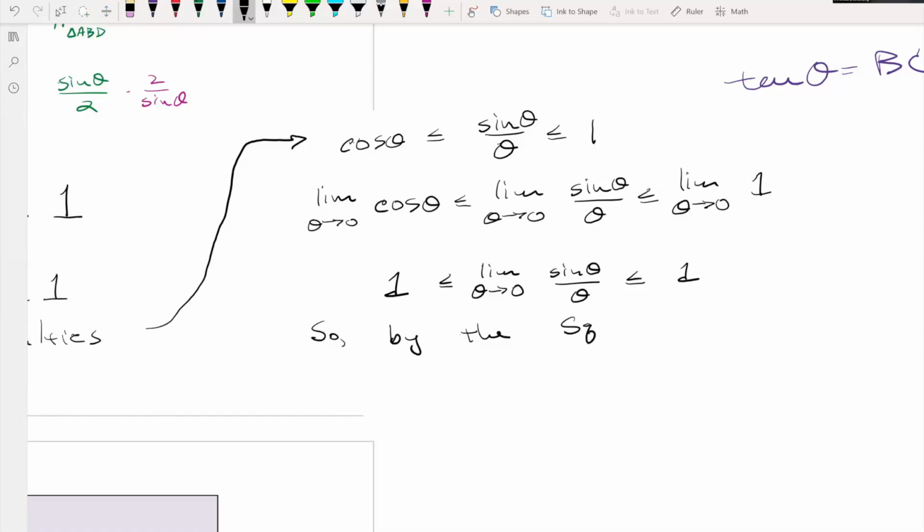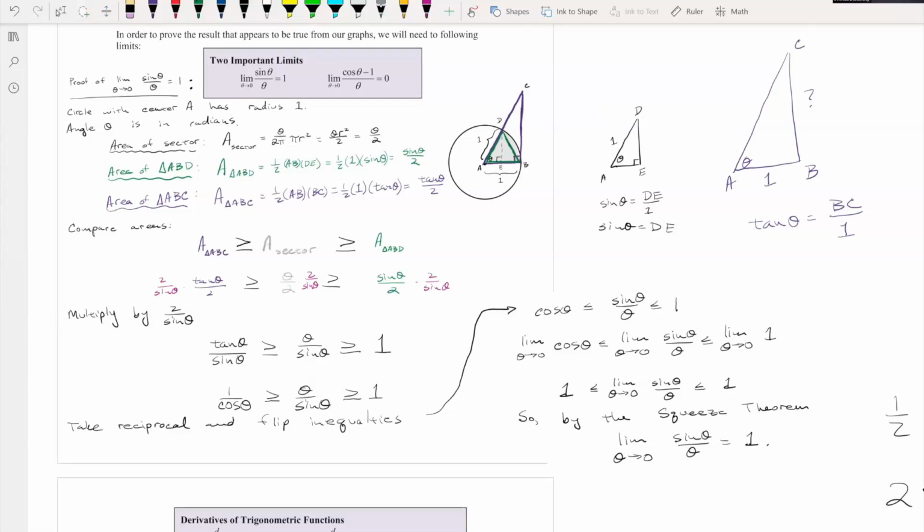By the Squeeze theorem, yeah, good. By the squeeze theorem, the limit as theta approaches 0 of sine theta over theta is equal to 1. So we just proved that first, what they're referring to as an important limit in the notes.